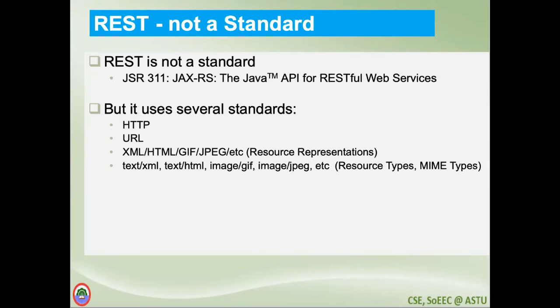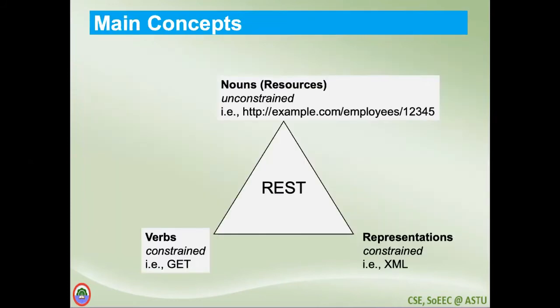But in RESTful web services, the data can be in any form, not only XML. HTML also you can get, even some kind of images or some kind of JSON files. All these are possible, different forms of response you can get.